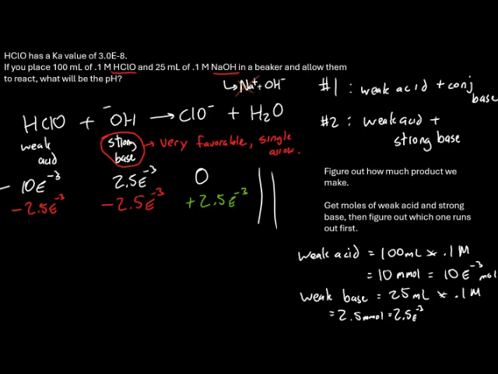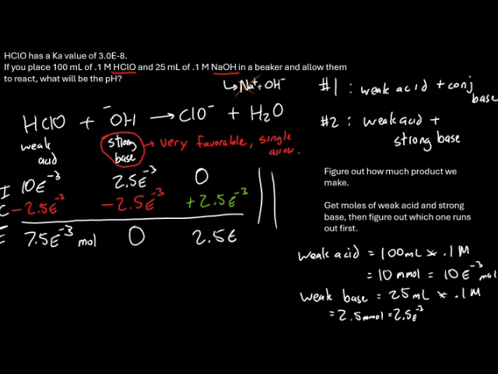So based on our initial amounts of moles, we can find that the change is whichever amount of moles is lower. We lose both reactants and gain some product. If we do the additions and subtractions, we'll end up with 7.5 times 10 to the negative third moles of HClO. We end up with no OH- left over, but we do get some ClO- in return.